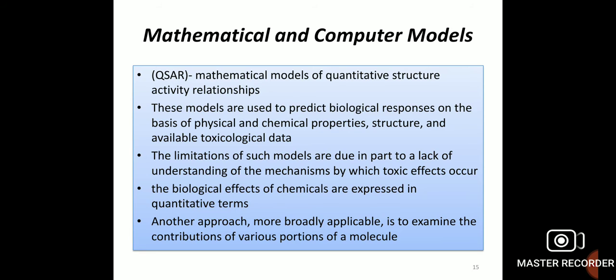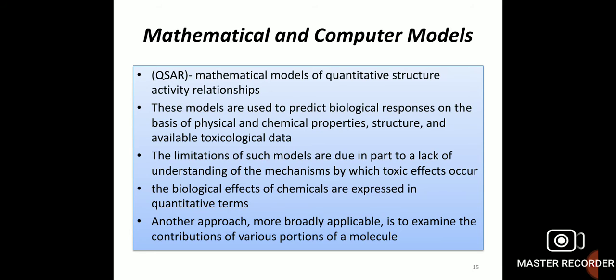The limitations of such models are due in part to a lack of understanding of the mechanisms by which toxic effects occur, because ultimately we need to cure the toxicity, but before curing, we should know how it is causing the toxicity, then only can we take the best measures to tackle that issue. But by using these models, we cannot understand by which mechanism it is causing toxicity.